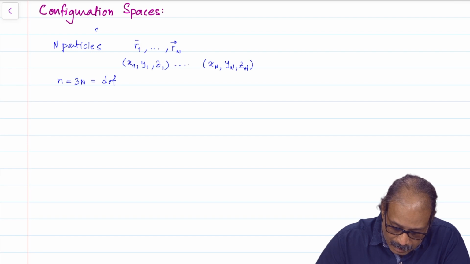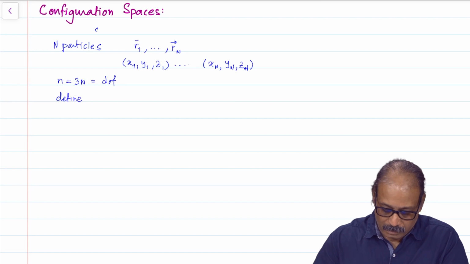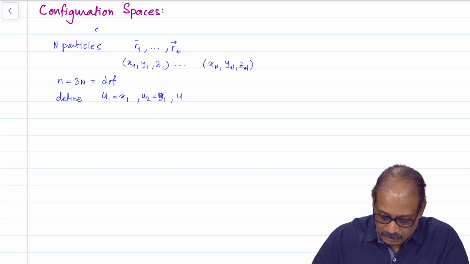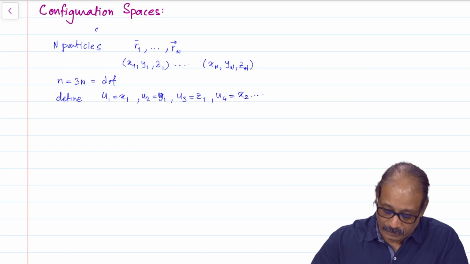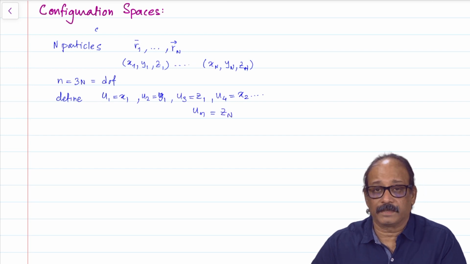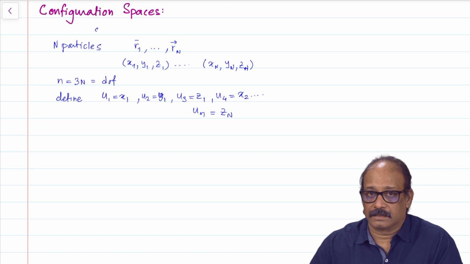So, I am going to relabel or redefine new labels as u1 as x1, u2 as y1, u3 as z1, and then u4 is your x2 and so on. So, finally, your un becomes z of capital N, the z coordinate of the last particle.